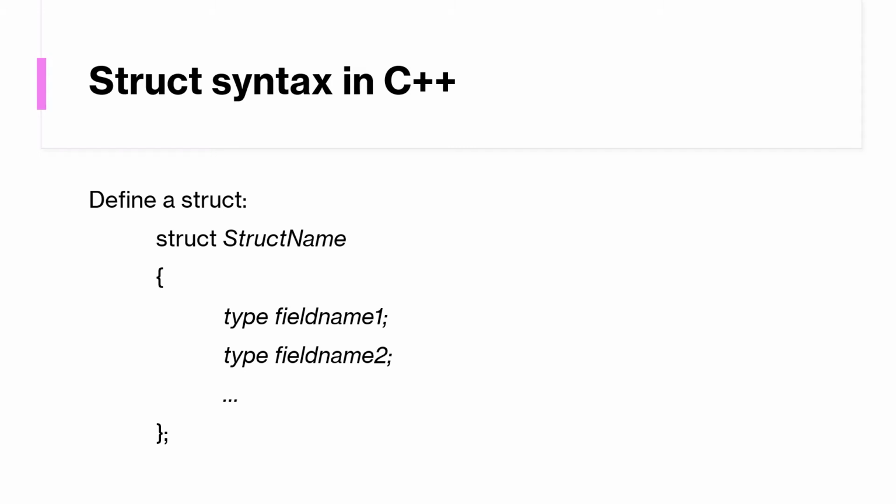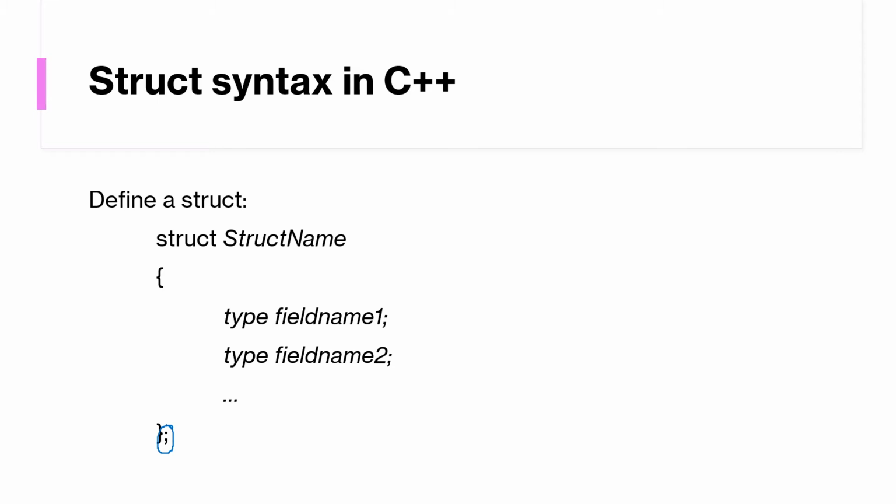Each one is declared just like a variable. You give it a type name and then a variable name. You can have as many field names as you want. You can have as few as you want, though it really doesn't make sense to only have one. Otherwise, why have a struct? And then note at the very end here that we do have a semicolon at the end of the close curly.